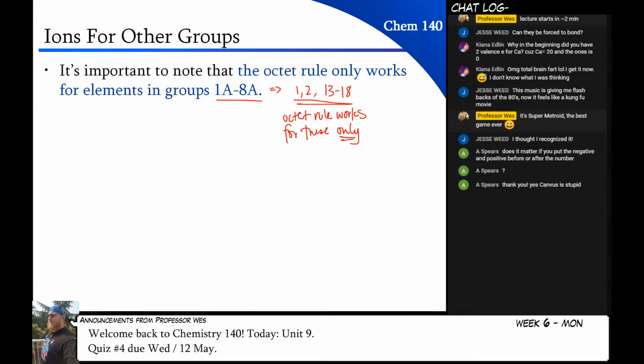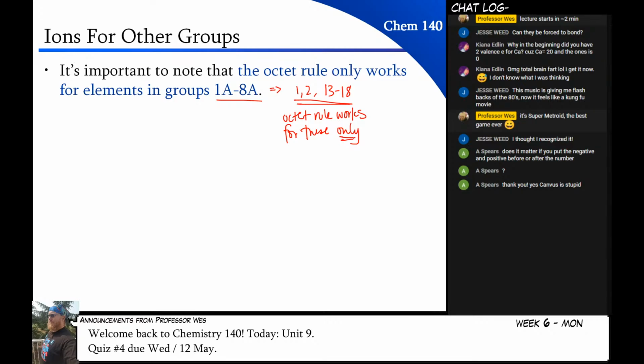So groups 3 through 12 in the middle of the periodic table, those do not follow the octet rule or anything that we've talked about today, actually. Transition metals are weird. They follow their own sort of different rule set that we're going to go over in 161 when we talk about electron configuration. Here, we're just trying to find and establish a basic pattern.